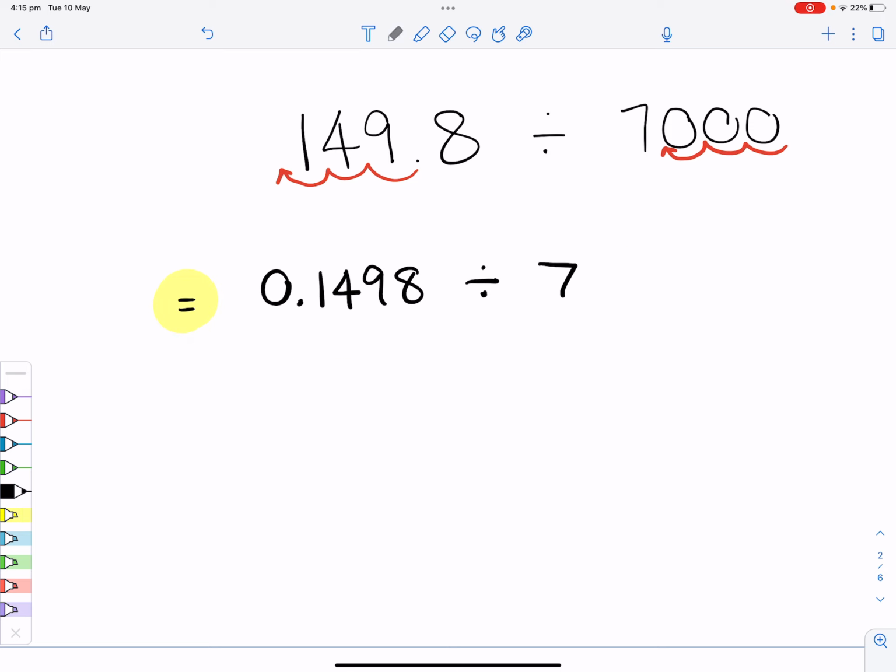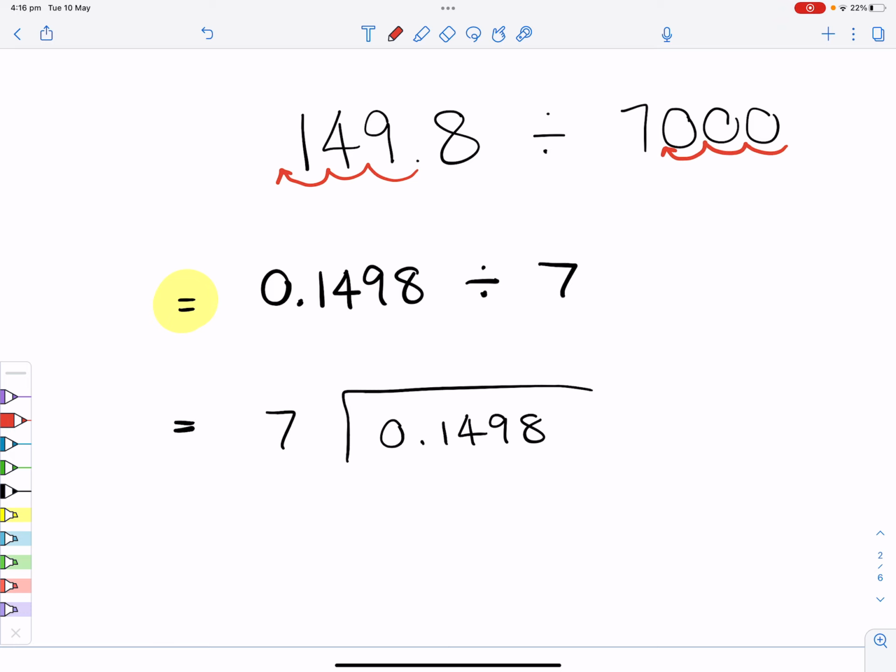Right. Once we get to there, now we can finish the problem off using short division. So I can put my equal sign down there. Here's my 7, goes into my decimal number. Oops, there we go. Now just quickly put it together.